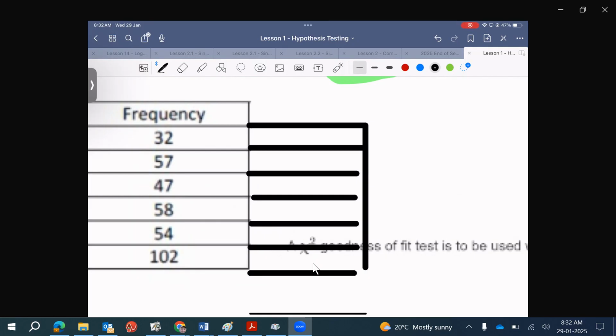So these are our expected values of X, and it's going to be 50, 50, 50, 50, 50, 100.